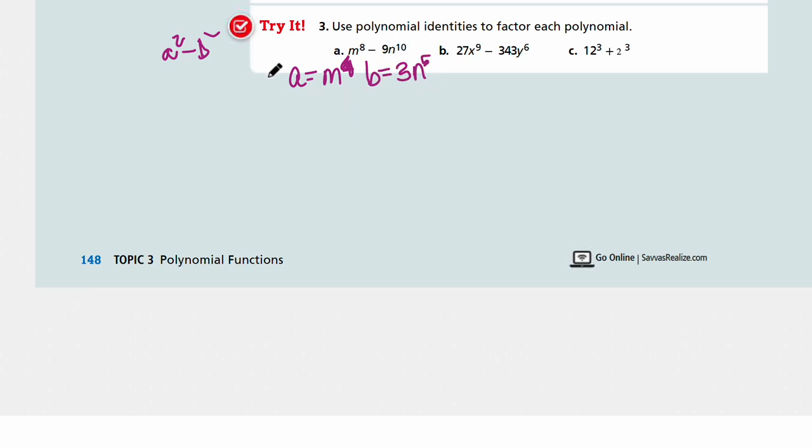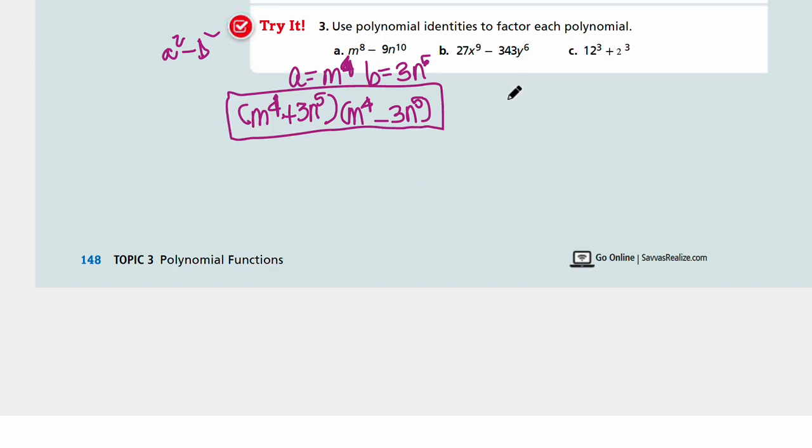So root the entire term. And then you just use the form of difference of squares to plug it in. A plus B times A minus B: m to the 4th power plus 3n to the 5th power times m to the 4th power minus 3n to the 5th power would be the factored form. And then that's it.